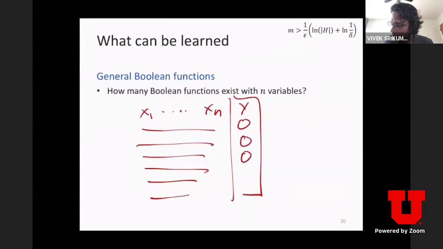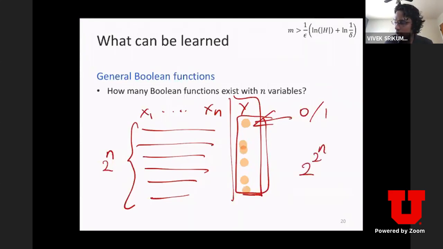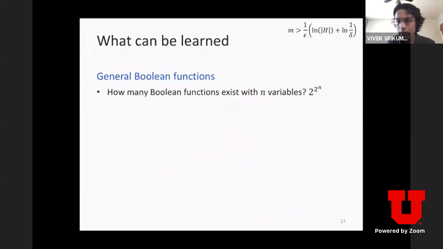You have 2 power n rows in any truth table. Every assignment that you make to this last column gives you a different function. In every position here, you can either put a 0 or a 1. And there are 2 power n such positions. And those of you who answered that are right. So there are 2 power 2 power n Boolean functions with n variables.